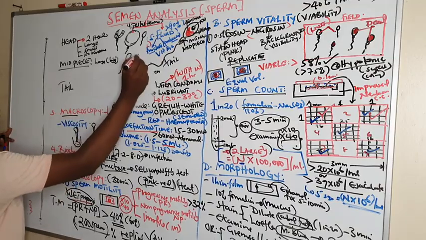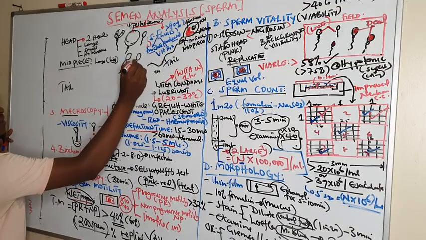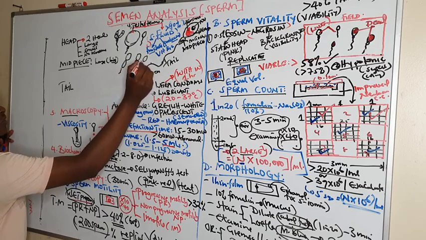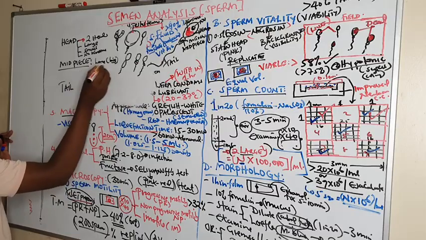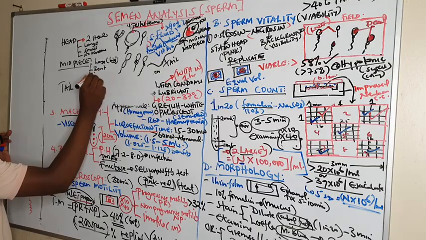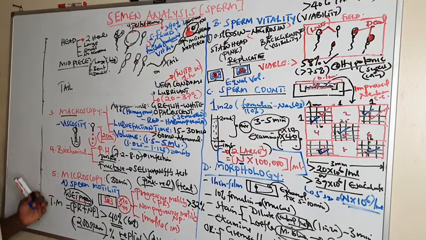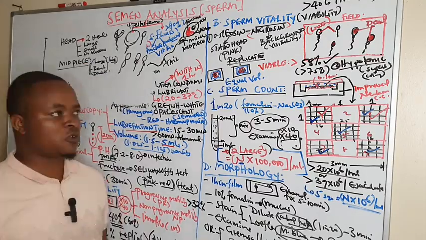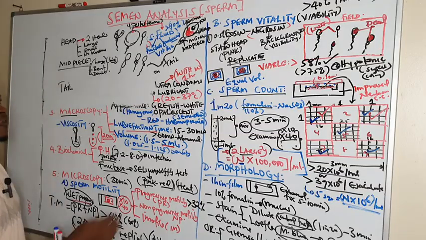Then you can find other sperms with one head but two midpieces, but all of them having one tail. Or you can find a sperm with the head, then a bent midpiece, then the tail. So it can be large, it can be bent, it can be double midpiece. Those are some of the abnormalities you're looking for under the microscope to rule out under morphology.